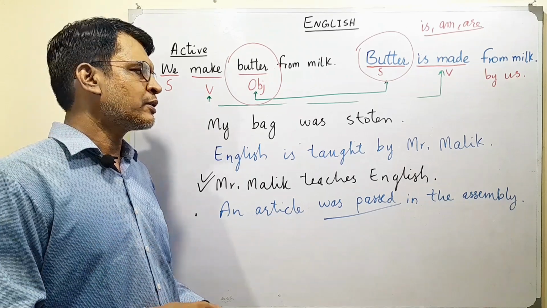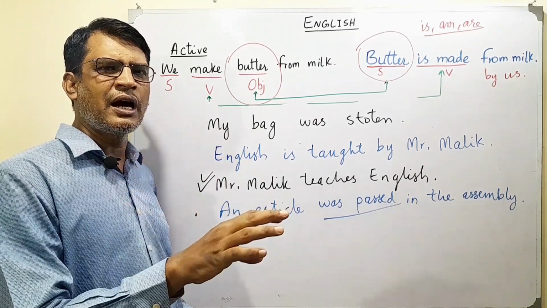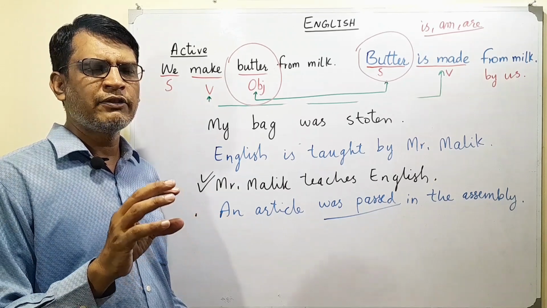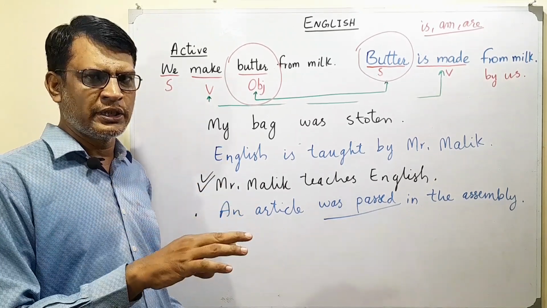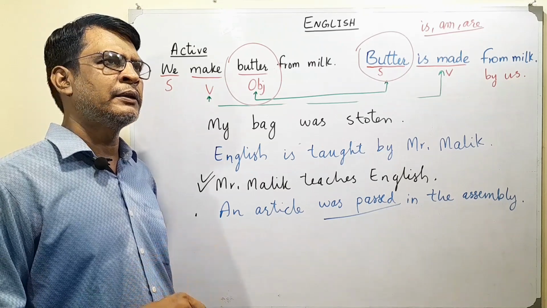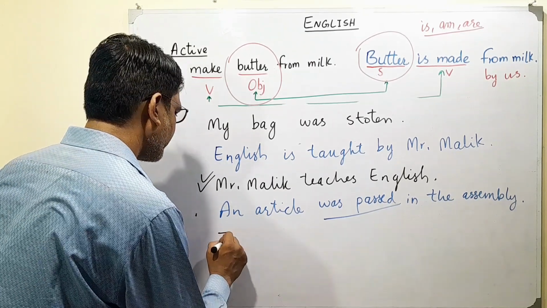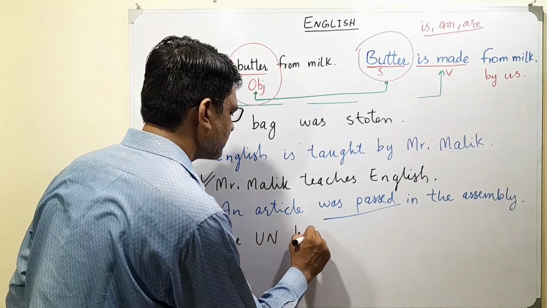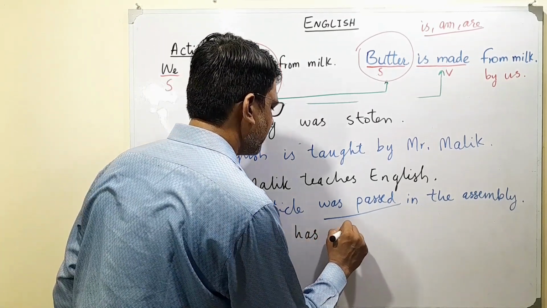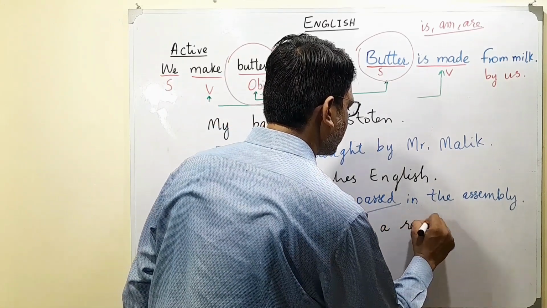So passive is used when the actions are important. Passive is used when we focus on what happened rather than who did it. Like you said that the UN, for example, the UN has passed a resolution.